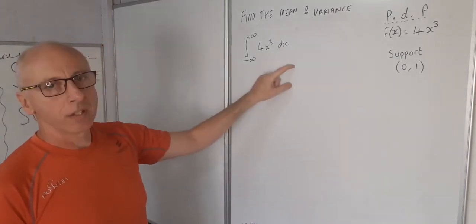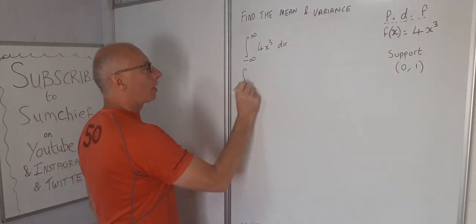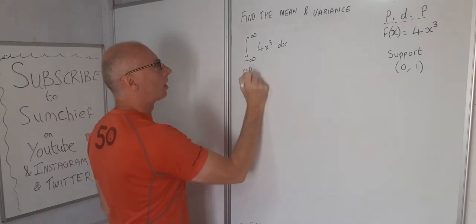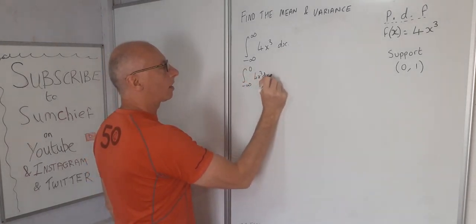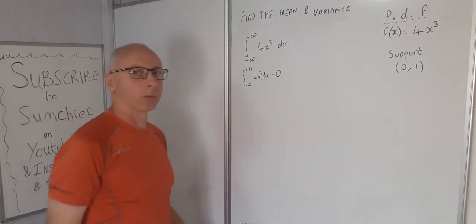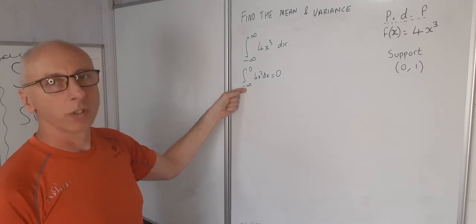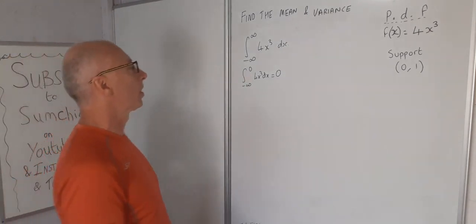So to rewrite this correctly, what we would say is from negative infinity to 0, 4x cubed dx, this will equal 0. Because if it's from 0 to 1, it's impossible to be in this value here from negative infinity to 0.